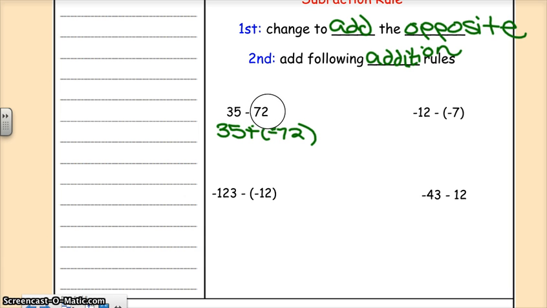So now they are different signs, so I take their difference. Their difference is 37, and then I ask myself, which one's further from 0? Positive 35 or negative 72? Negative 72. So the answer is negative, and it's negative 37.